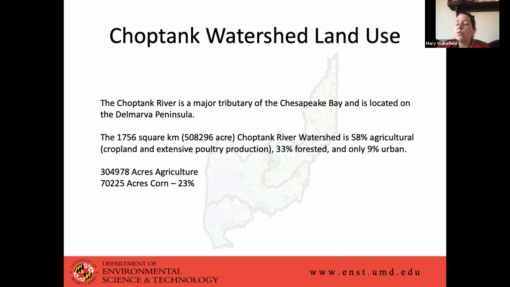The other thing to note for the purposes of our research is that corn is 23% of the agricultural acreage. And this is important in part because it gives us one very solid crop to research. And specifically, corn is something that definitely needs irrigation to be able to meet its maximum production requirements or hopes.